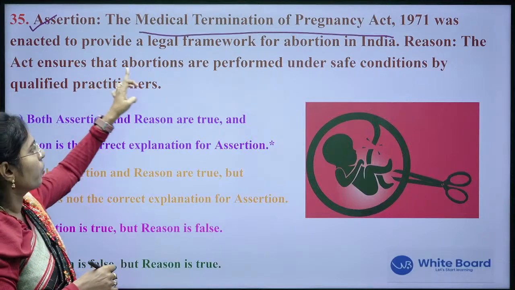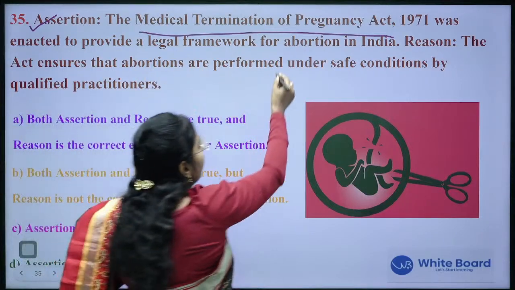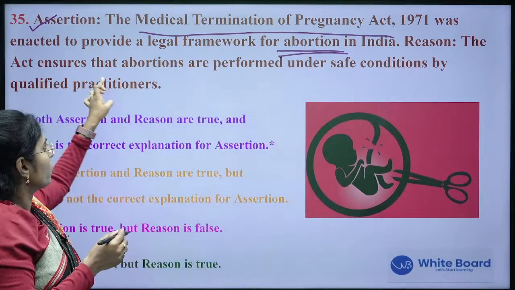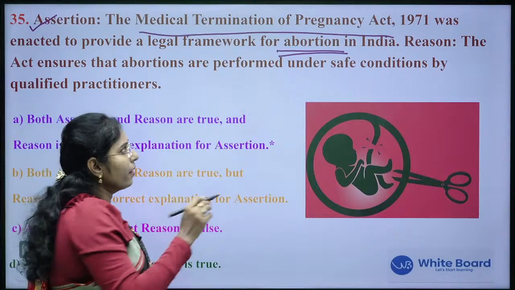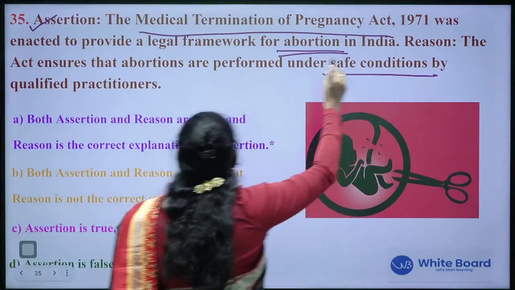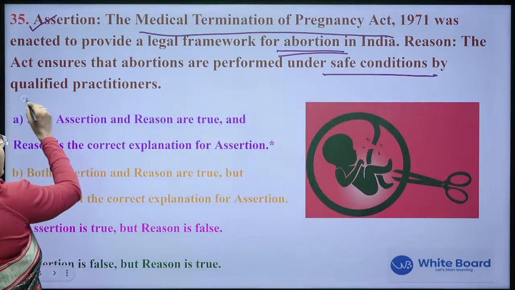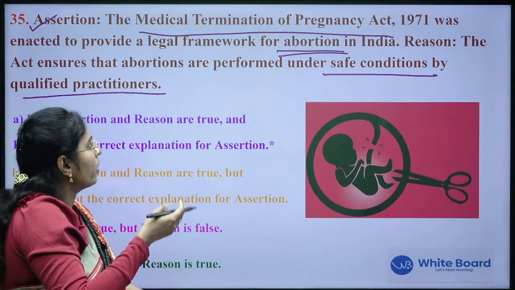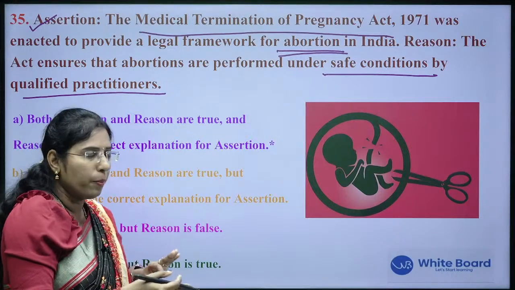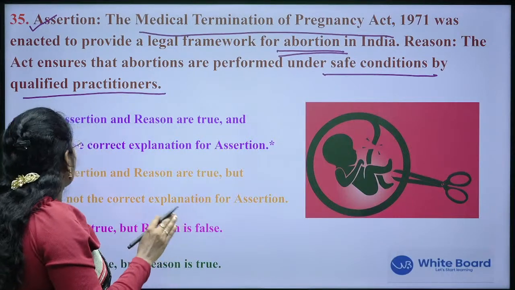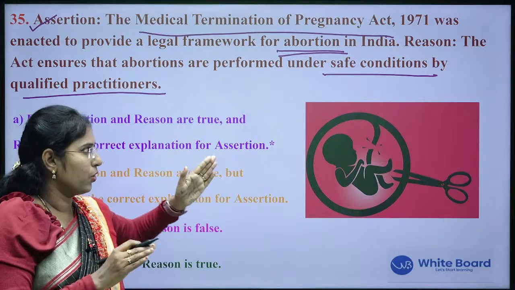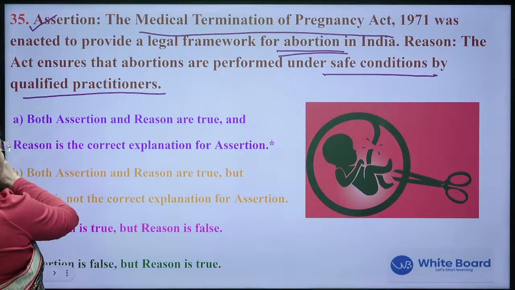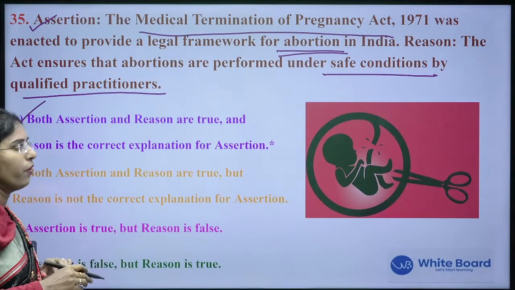And the reason: the Act ensures that abortions are performed under safe conditions by qualified medical practitioners. This is also correct. It can be performed, but under supervision of qualified medical practitioners. Both statements are true, and the reason is the correct explanation for the assertion.